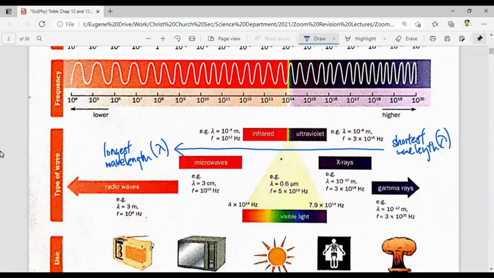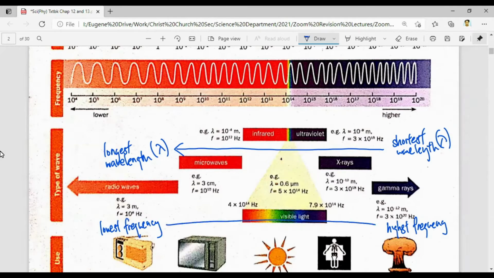The other thing you need to know: it's not just about the wavelength, but also the frequency. Gamma ray has the highest frequency, while radio wave has the lowest frequency. So for frequency the order is the other way around: lowest is radio wave, highest is gamma ray.